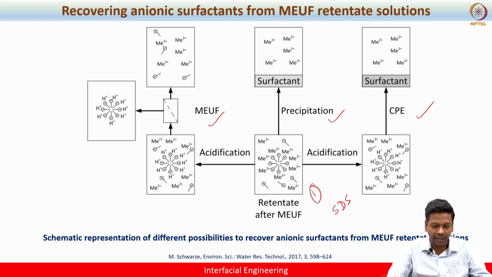Then when you perform acidification, which means that you lower the pH of the solution, what will happen is it will generate a lot of protons. When protons are generated around the micelles, naturally these cations will be detached from the micelle, because the protons will repel the cationic impurities through electrostatic repulsion.